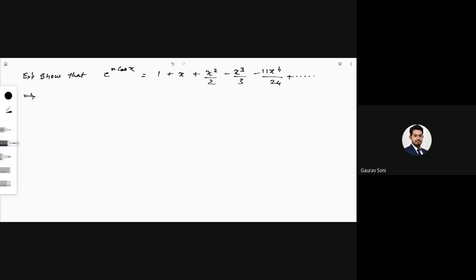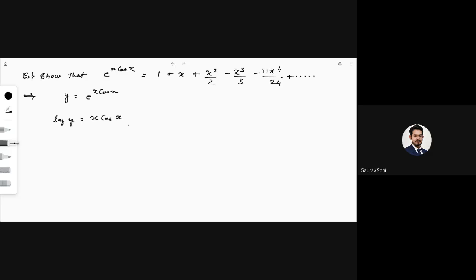What will happen if we take the log? We have the series of cos x and e to the x. You have y is equal to e to the power x cos x, so it will be log y equals x cos x, and the series of cos x we already have. Log y is equal to x cos x.